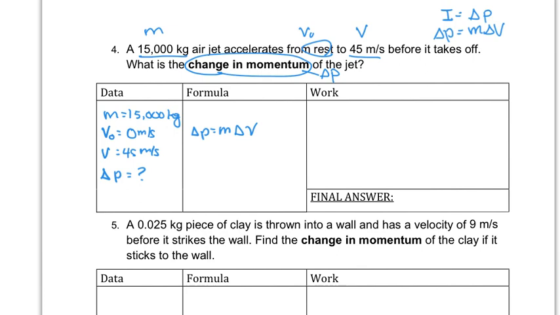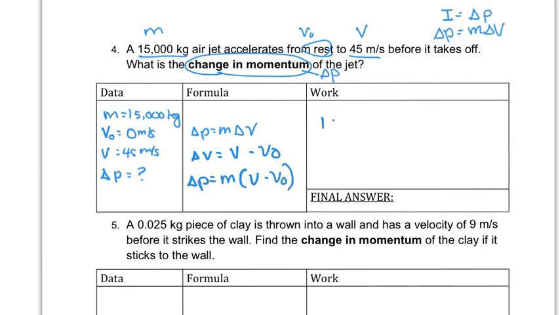So calculating the change in velocity is the final velocity minus the beginning velocity. You can substitute if you want. You could just put delta P equals M times V minus V naught. That's the beginning velocity.